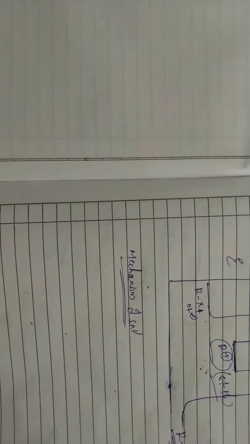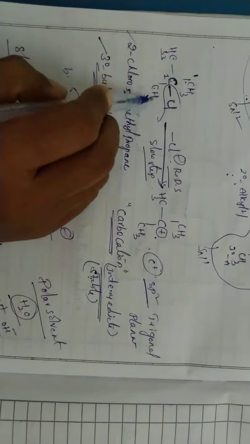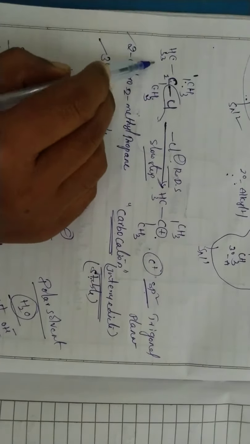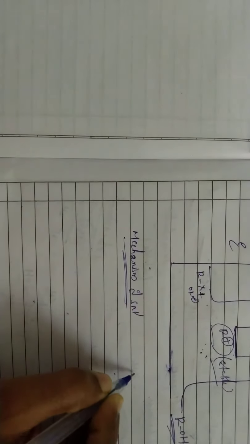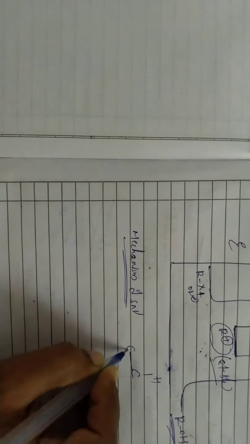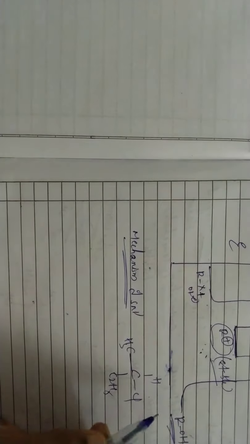In the case of tertiary butyl chloride, the carbon contains 3 same groups; the 3 methyls are the same. So we cannot consider this a chiral carbon. A chiral carbon contains 4 different groups, that is H, CH3, C2H5 and Cl.